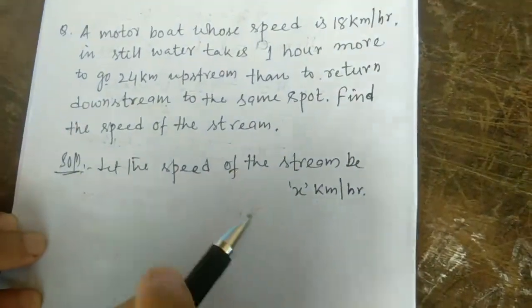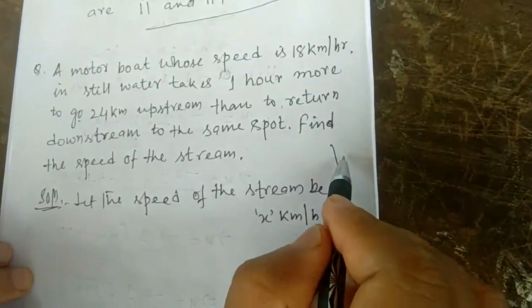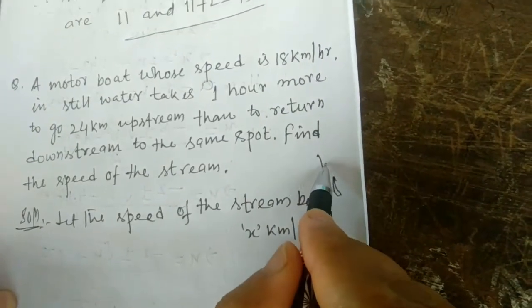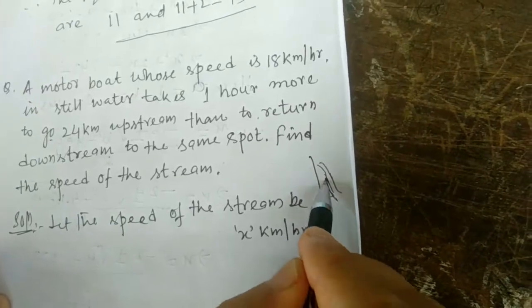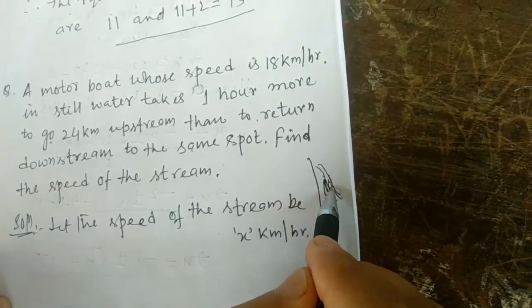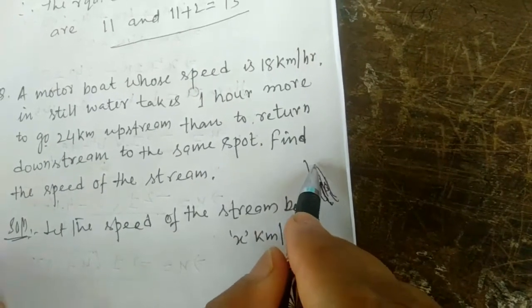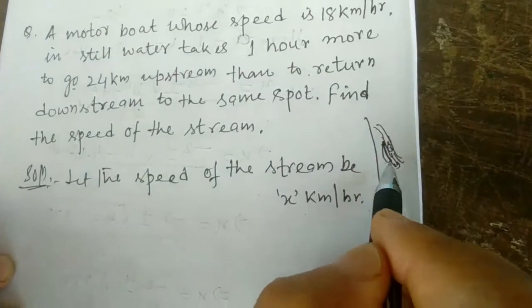Now the upstream and downstream are given. Suppose this is a river, and this is a boat. If a boat goes upstream, the speed will decrease, and if a boat goes downstream, the speed will increase.